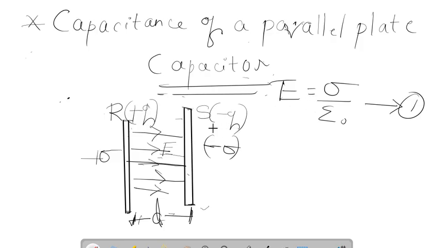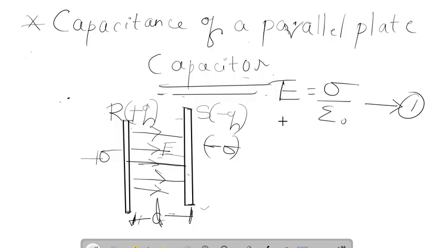Now the electric field between the plates is given by E is equal to sigma divided by epsilon naught. This is equation number 1, where epsilon naught is the permittivity of free space, because in this case the medium between the two plates is considered to be vacuum or air.